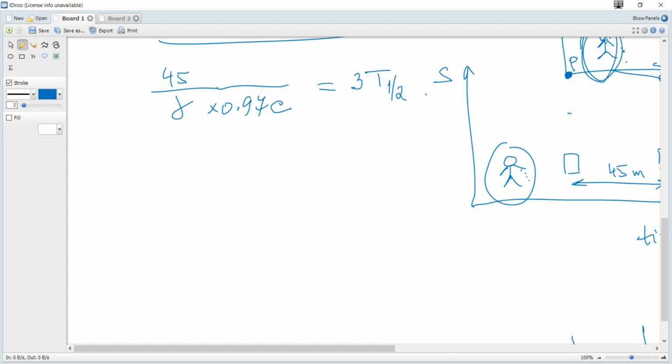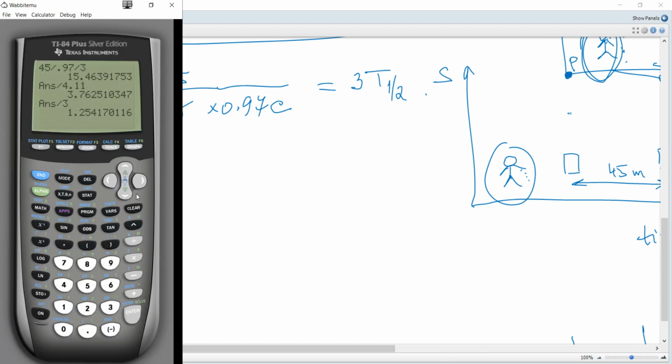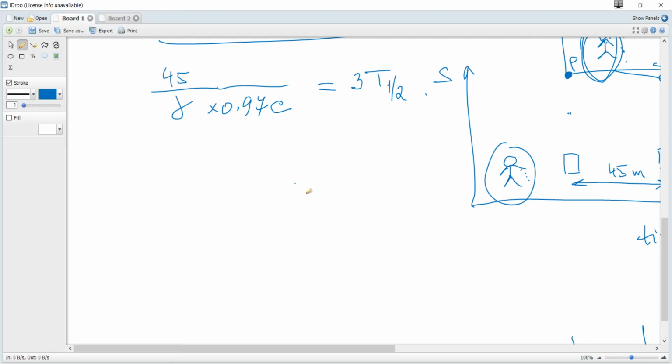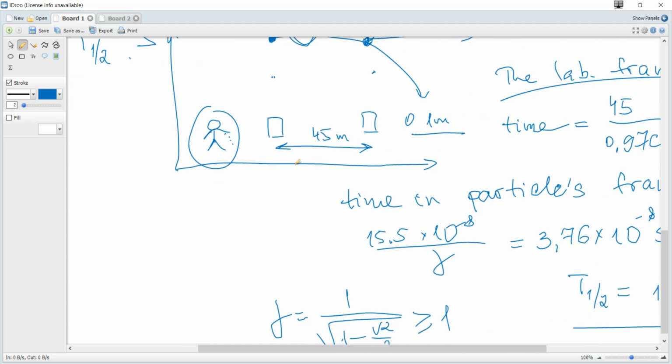Let's check. Oh, actually, you can see it's absolutely the same: 45 divided by 0.97 divided by 3 and divided by gamma, and then by 3. So we get absolutely the same result.